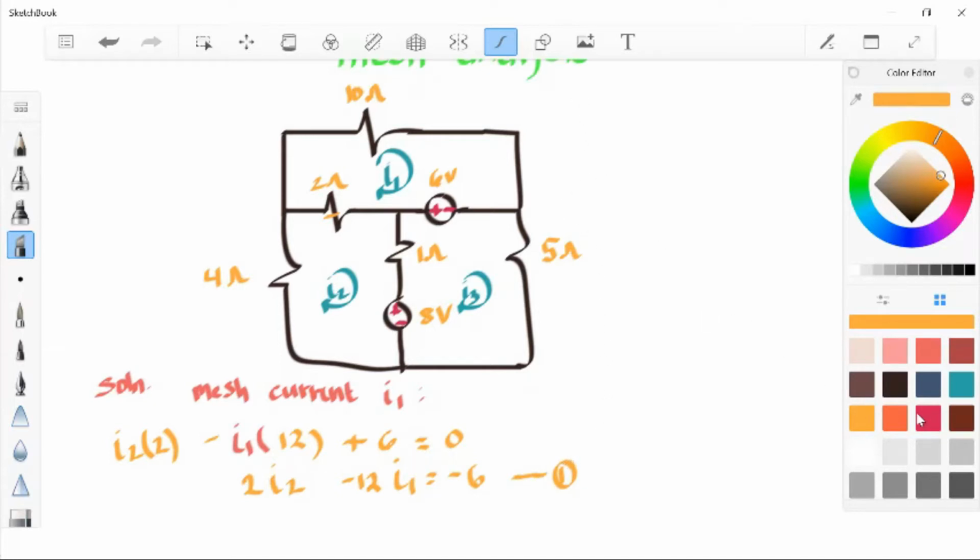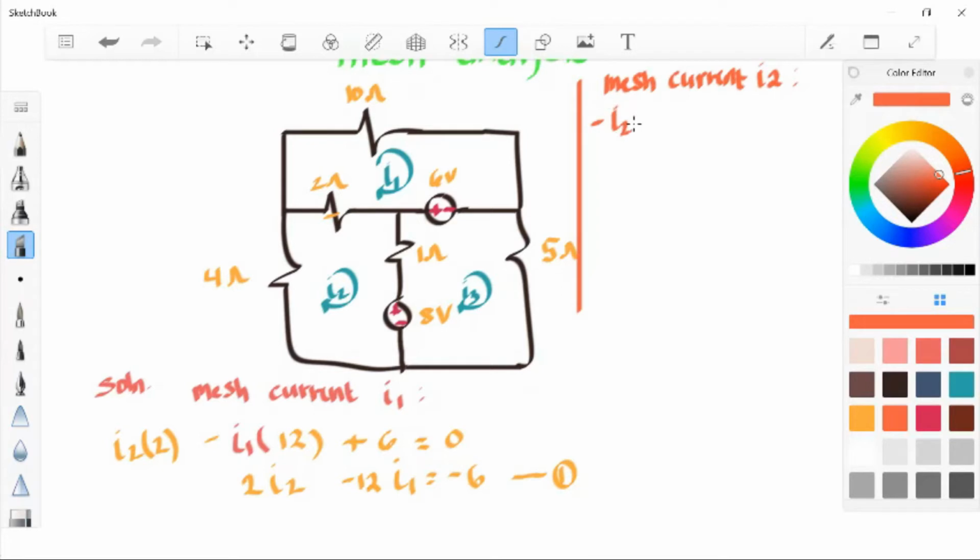For equation number 2, at mesh current I2, let's gather all the resistors in this loop, and that will always be negative in our case, because there will be a voltage drop when a current passes through those resistors.